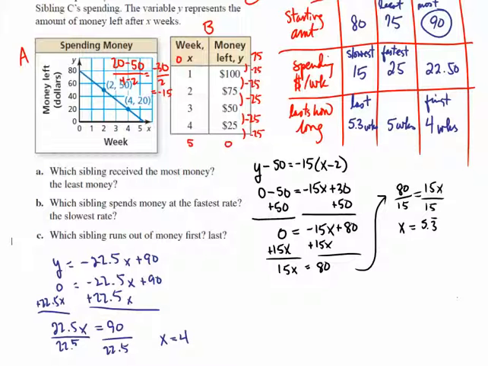That's the rate at which they're spending. We know how to interpret the x-intercept. That's when they run out of money. All of those things in these equations are very important, and on these graphs and in these tables. They all have an interpretation in the context of the problem. So that'll do it for this video and for chapter 4, section 2.